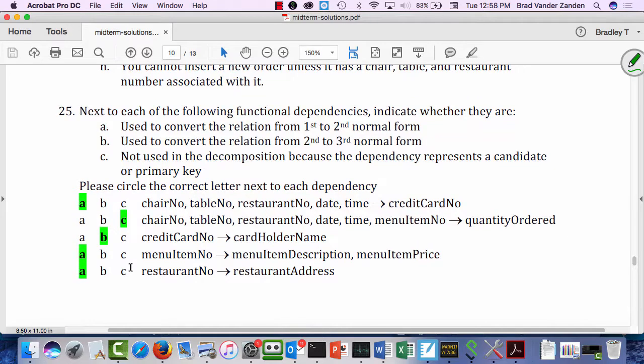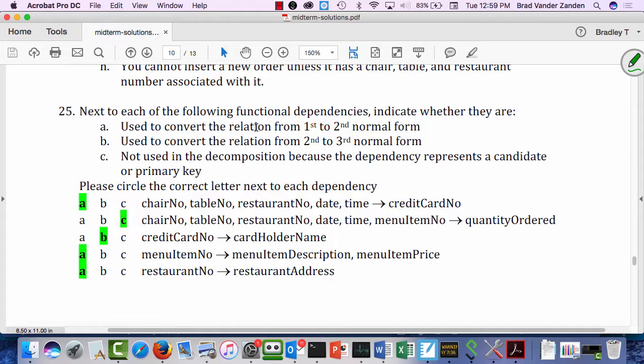Okay. Then on the functional dependencies, you were asked to identify how they would be used in a normal form decomposition. And there were 3 possibilities: that it could be used to go from first to second normal form, in which case it's a partial dependency. B was it could go from second to third normal form, in which case it's a transitive dependency. And C, it might not be used because the dependency represents a candidate or primary key.